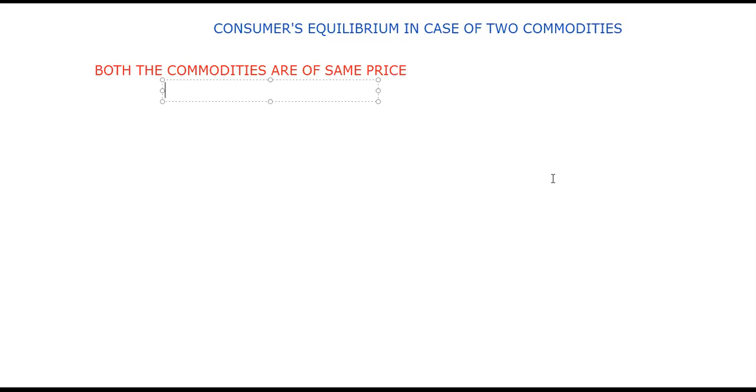When MUx will be equal to MUy will be equal to MUm. Yes, this is the condition. This is the condition when both the commodities are of the same price.